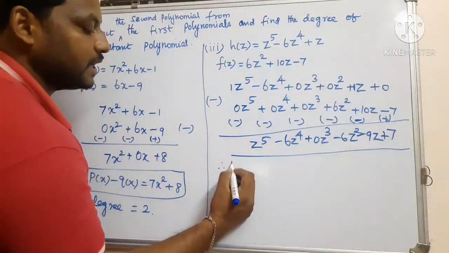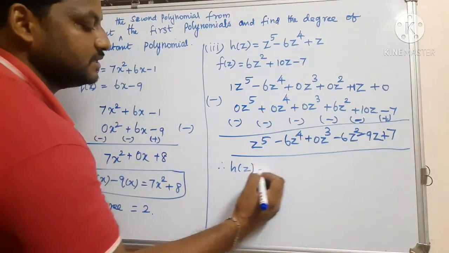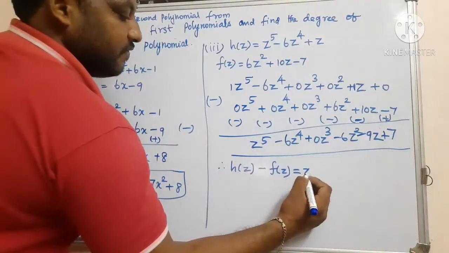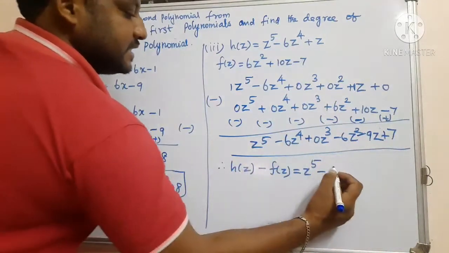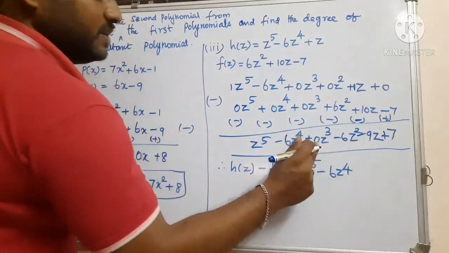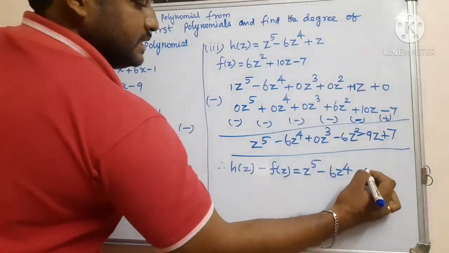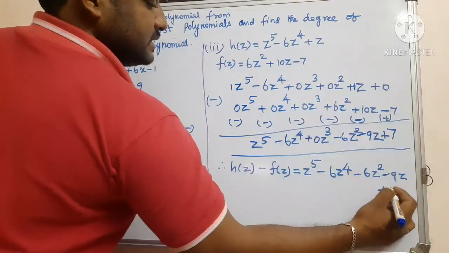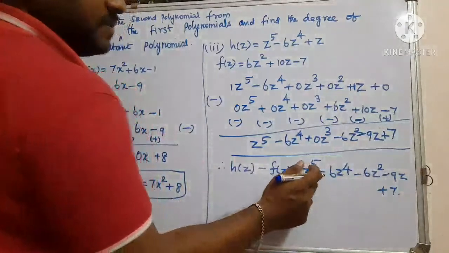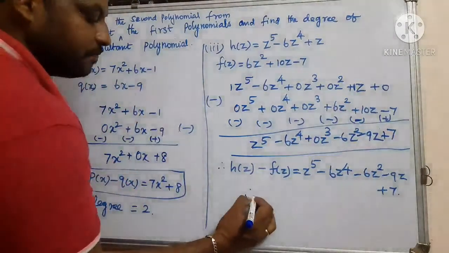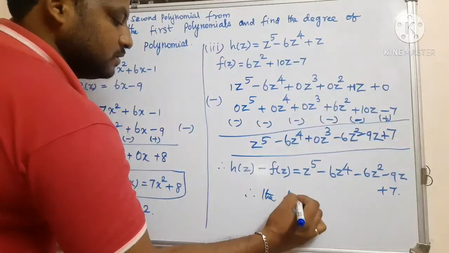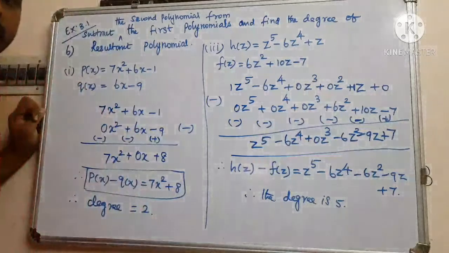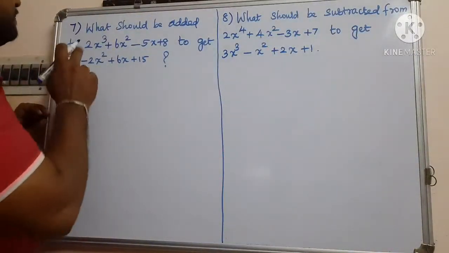So therefore h of z minus f of z is equal to z power 5 minus 6 z power 4. Cube is 0, so no need to write, minus 6 z square minus 9 z plus 7. So now look at the polynomial. The highest power is 5. So therefore the degree is 5. Clear?